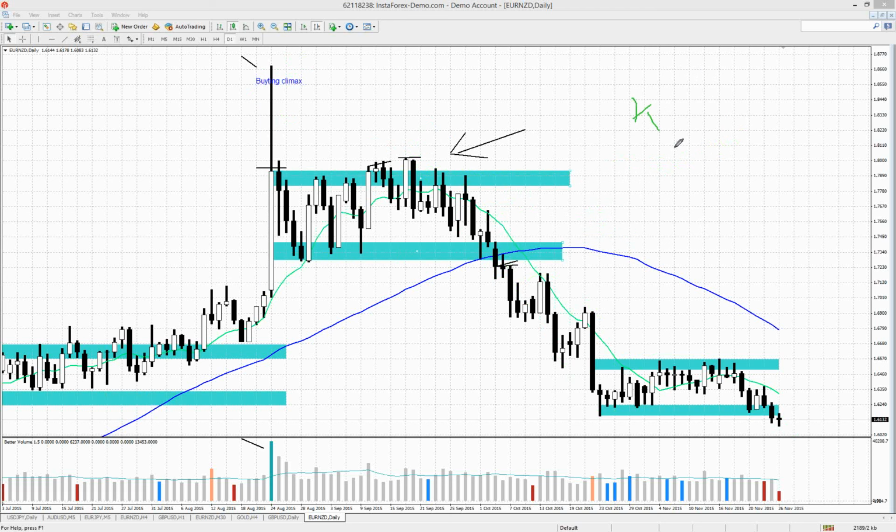So again, let's go back to this anatomy of the trading range. The anatomy of the trading range is again very important. Trading range is where the investors and traders are in equilibrium, and in that way they will take many stop loss orders.